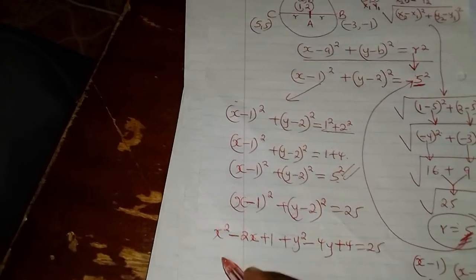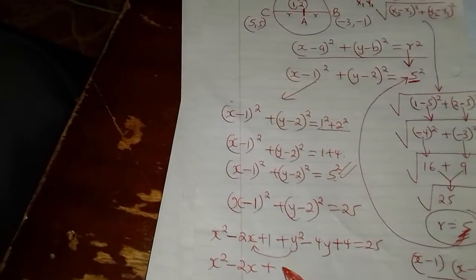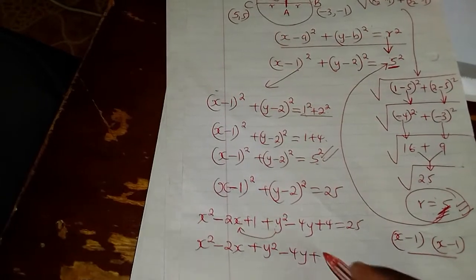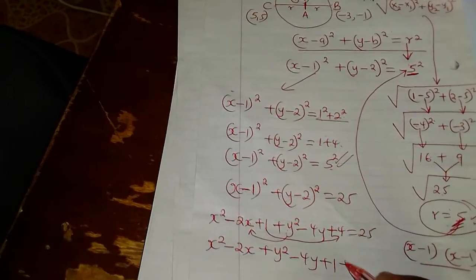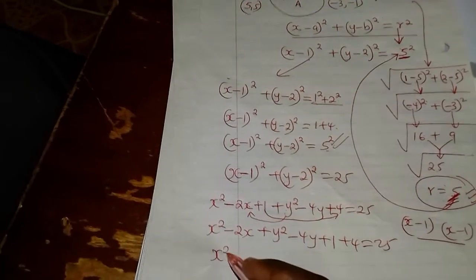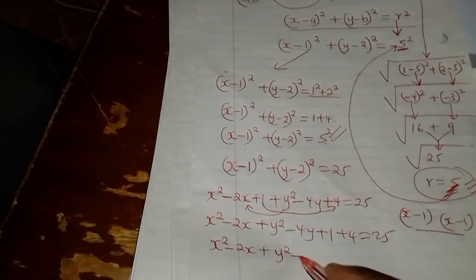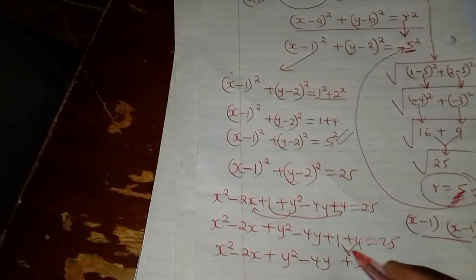Now I can collect like terms. I can say x squared minus 2x. Then plus, I can take this here, y squared minus 4y. Then plus 1, this comes here. You see, plus 4 is equals to 25. So it is actually x squared minus 2x plus y squared minus 4y plus 5. 1 plus 4.